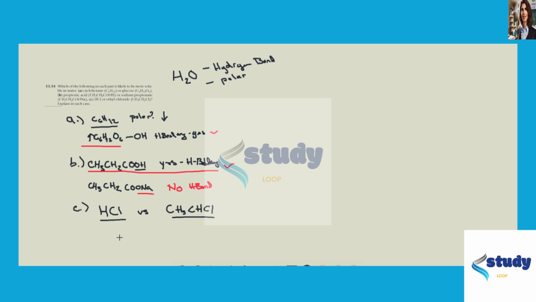So which one looks to be more polar? They both have chlorines. So both of them have a slightly negative pole to them. So this one's polar, and this one's polar. But this has a chain of carbons, and carbons are nonpolar.